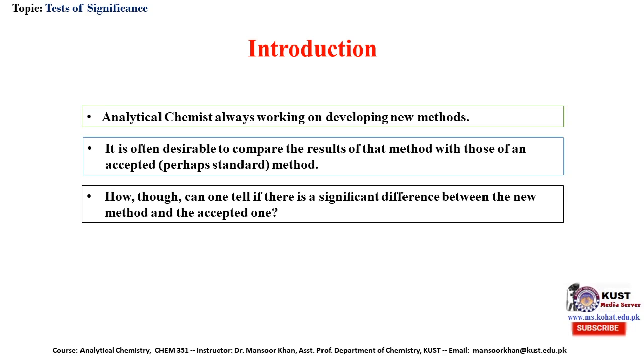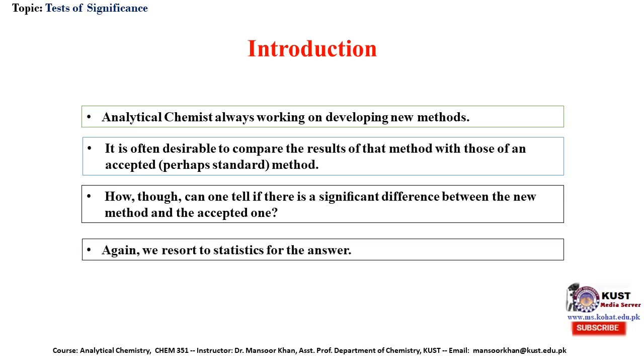For this purpose we resort to statistics for the answer. We will take help from statistics to decide whether the newly developed method is statistically significant or non-significant. This is our goal of today's lecture.